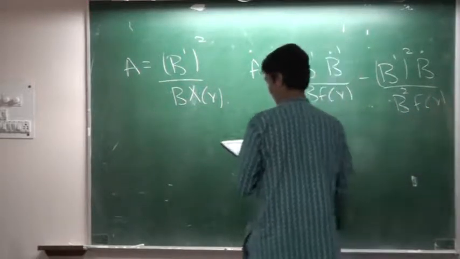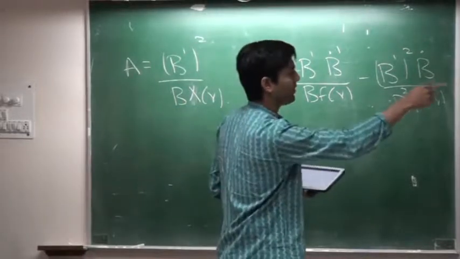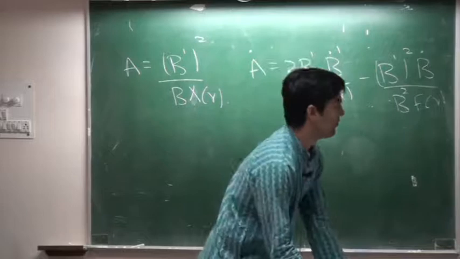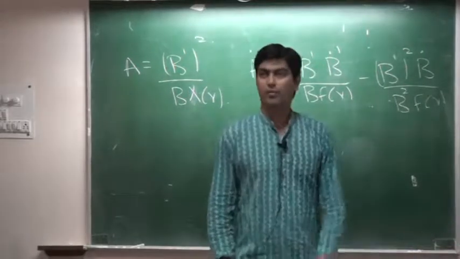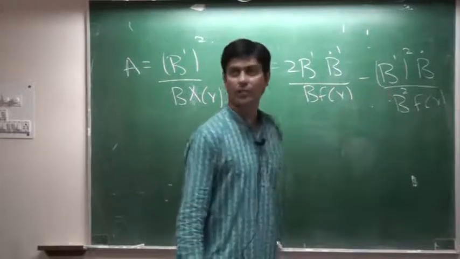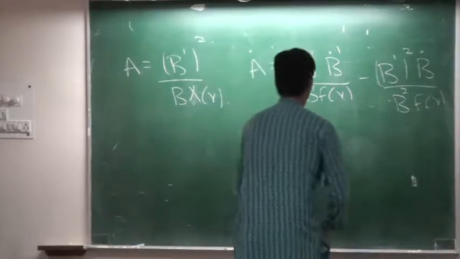And then you can check by substituting this that the combination vanishes. So just use this formula for A dot and substitute it there. Okay, so this is the solution. Oh, sorry, I'm writing F here again.